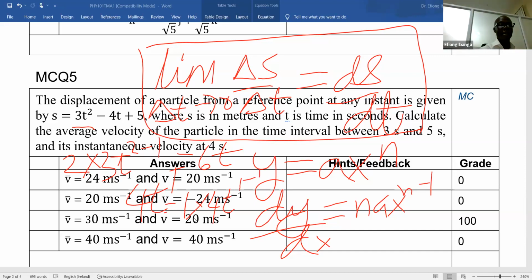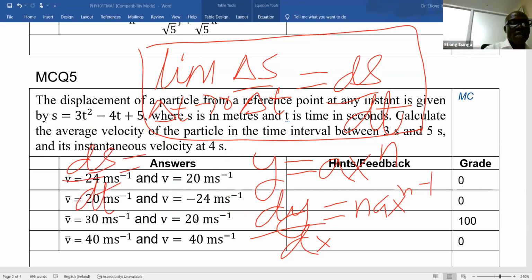So when we differentiate, I'm supposed to have ds by dt equal to 6t minus 4. But at t equal to what?